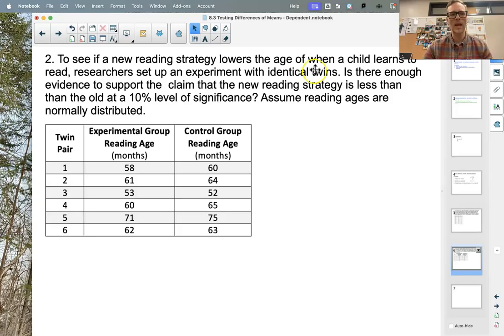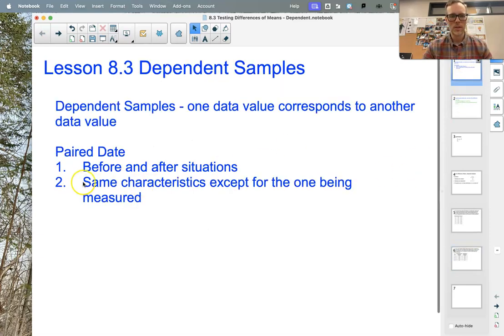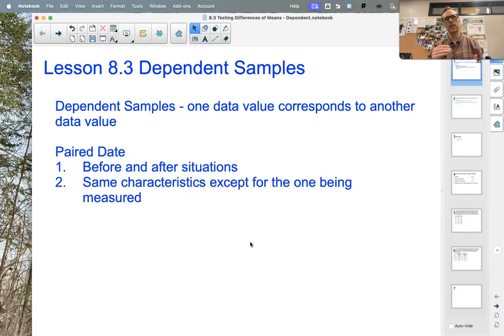Everything is the same with this pair of twins, except one gets this new treatment, this new reading strategy, and one doesn't. That would fall under this bottom one here: same characteristics except for the one being measured. Identical twins are often used in different types of experiments because everything's the same except for whatever it is that we want to measure.